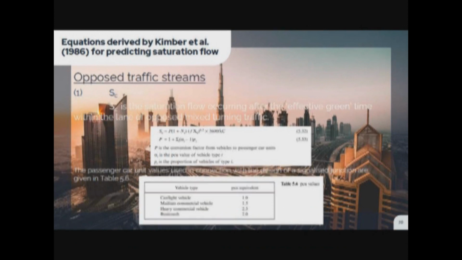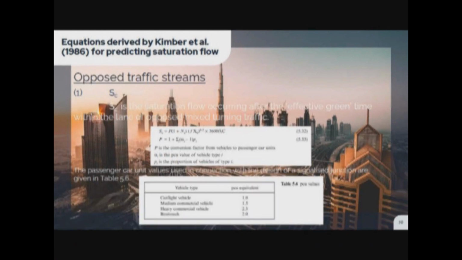So for the next equation, we have the big letter P. This is equal to 1 plus a summation of a sub i minus 1 times small letter p sub i, where a sub i is the passenger car unit value of vehicle type i, and the small p sub i is the proportion of vehicles of type i.